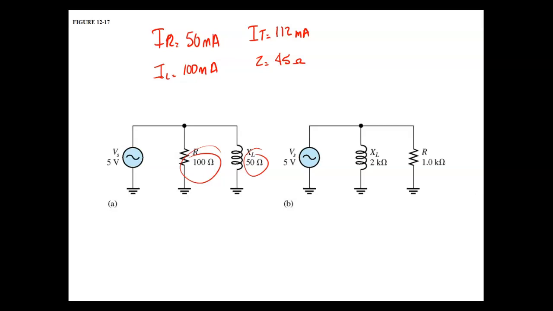If I was going to do it that way, this is the formula I would have to use: the reciprocal of the square root of 1 over 100 squared plus 1 over 50 squared. What we did was solve for current. If I know the voltage and I solve for current, I can solve for total opposition using Ohm's law.